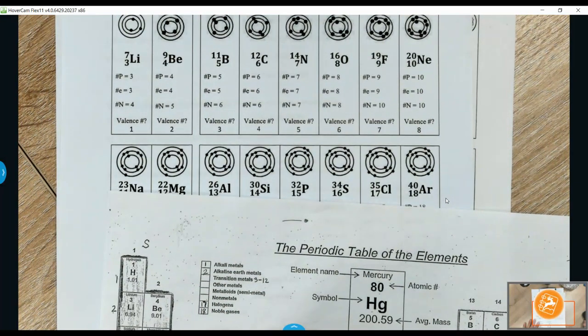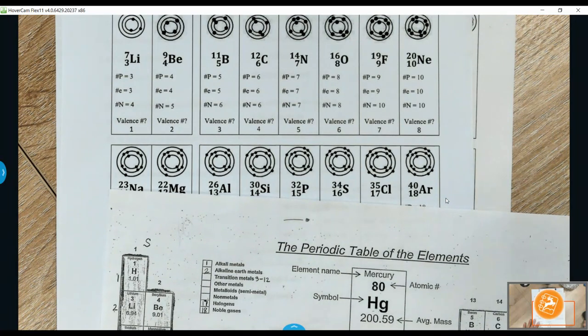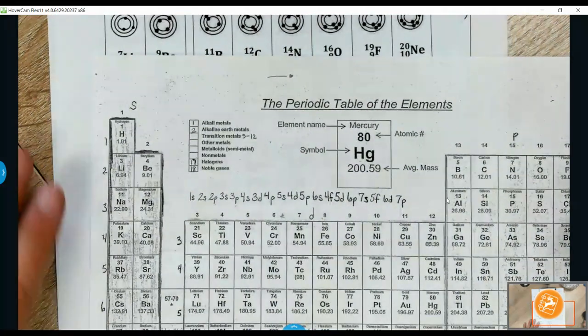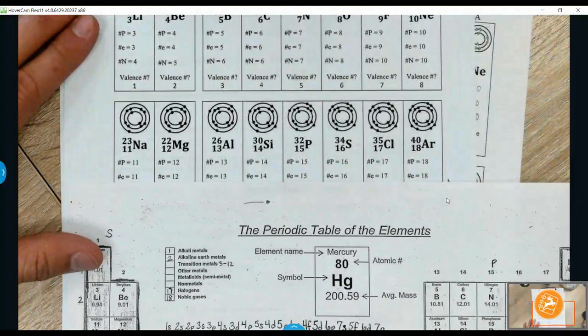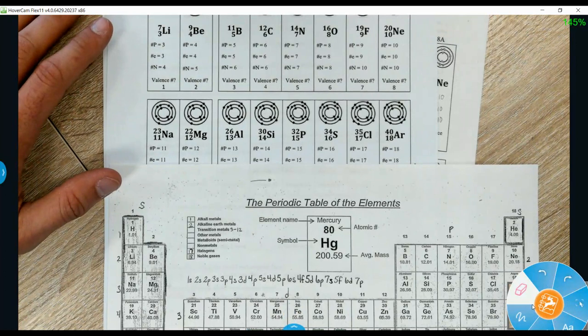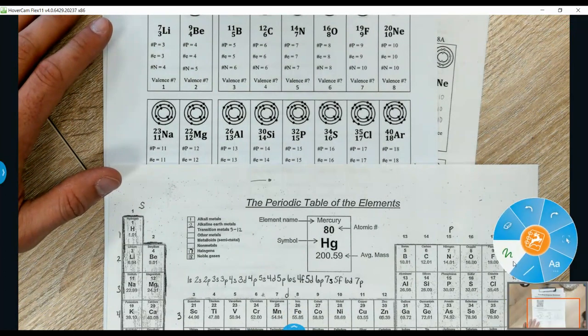Okay, and then let's see, what else? What about groups? You have lithium and sodium. Are lithium and sodium in the same group?